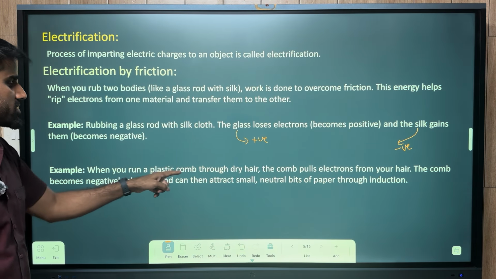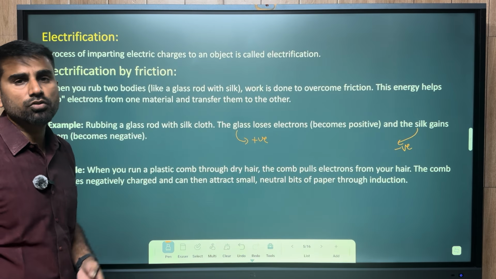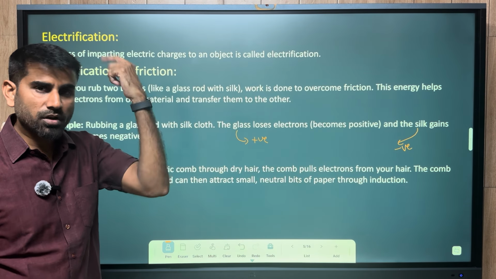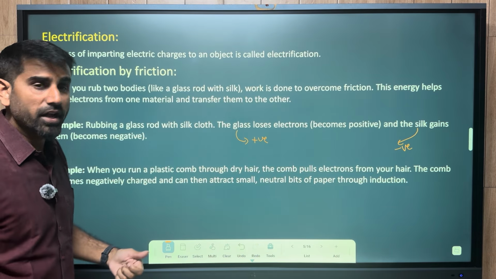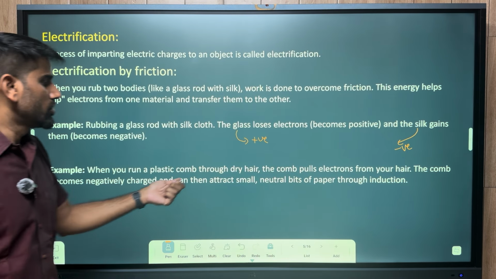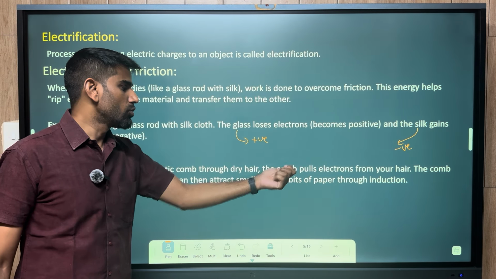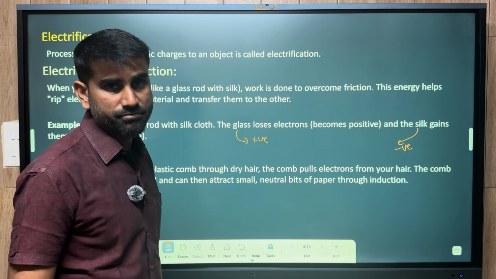When you run a plastic comb, we have the comb at our homes, through your hair, dry hair especially, the comb pulls the electrons from your hair.